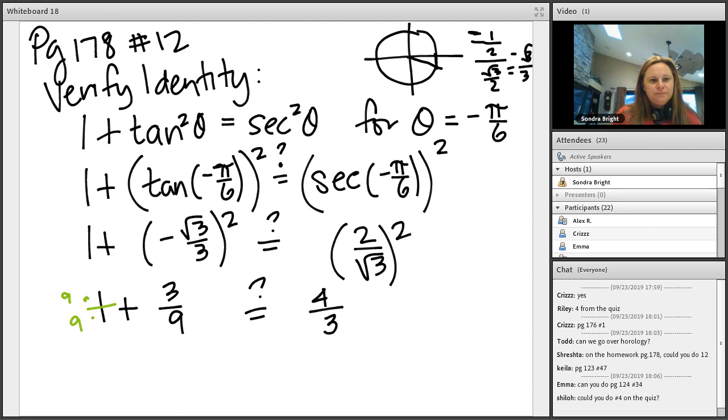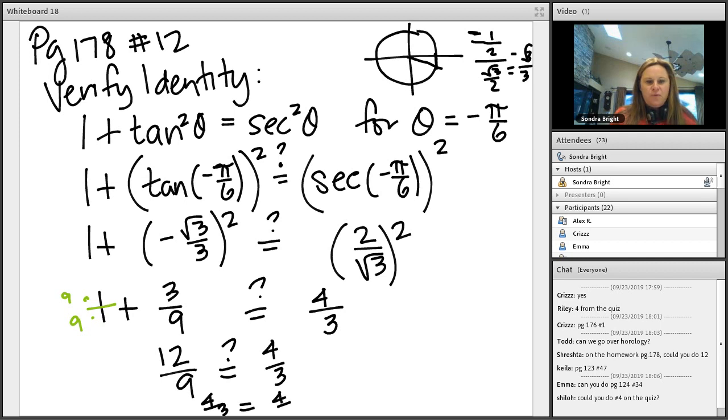And so this would be a 12 over 9. Is that equal to 4 over 3? And if you divide top and bottom by 3, you would have 4/3 on the left and 4/3 on the right. And so that's how you're going to verify that that identity is true for negative pi over 6.